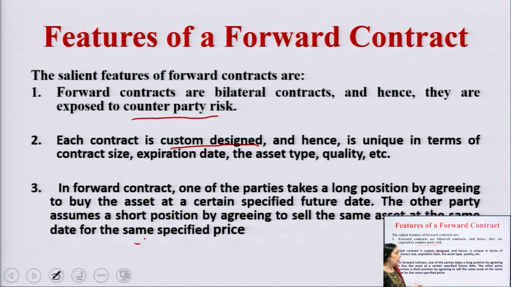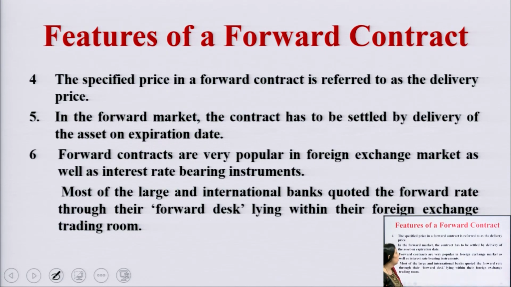The other person, known as the seller, is said to have a short position by agreeing to sell the same asset at the same date for the same specified price. The specified price in a forward contract is referred to as the delivery price.